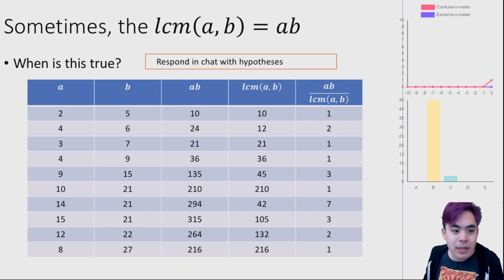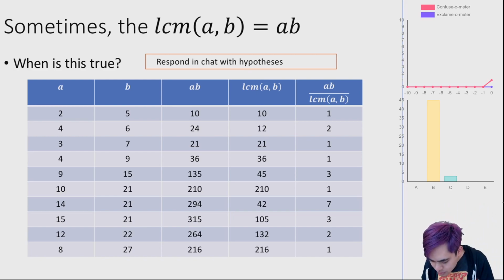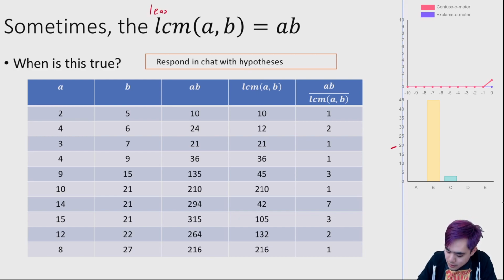Oh, what does the CM stand for? Wait, do I have a CM in here? Oh, the LCM, least common multiple. Yeah, thank you for asking me to clarify that. So LCM.